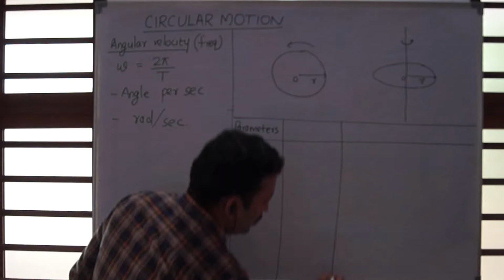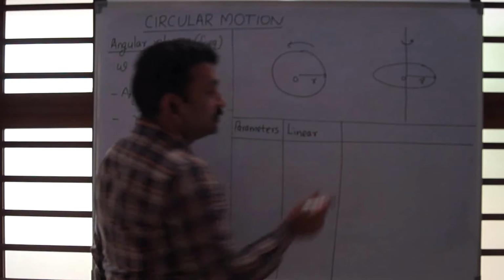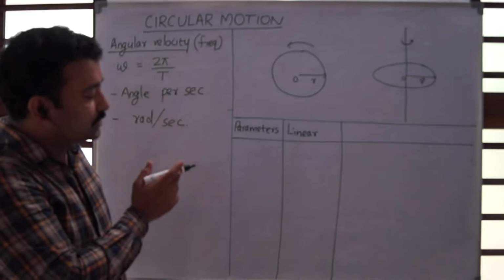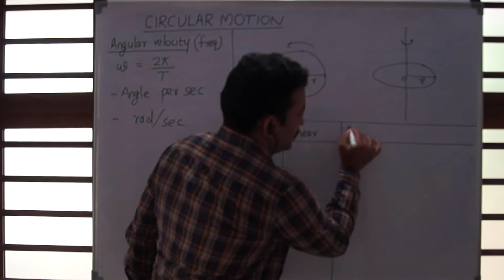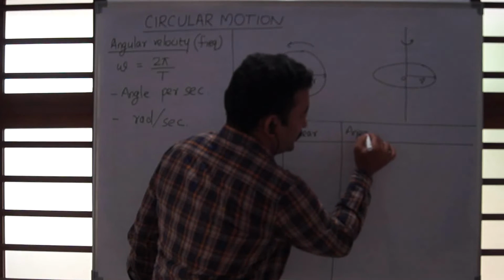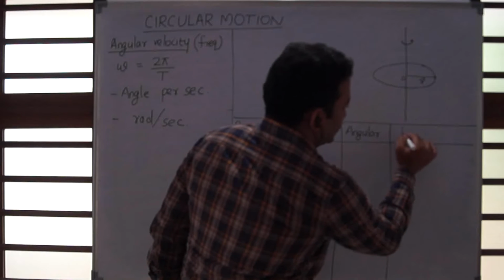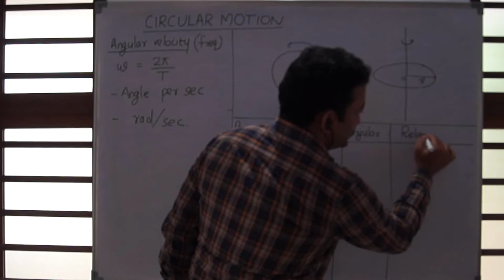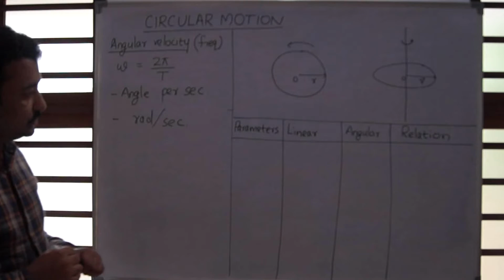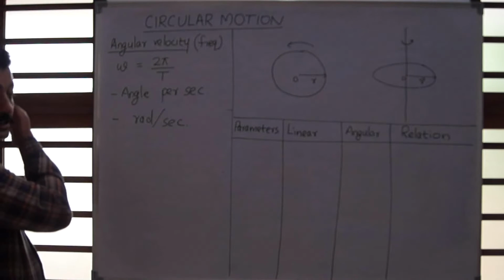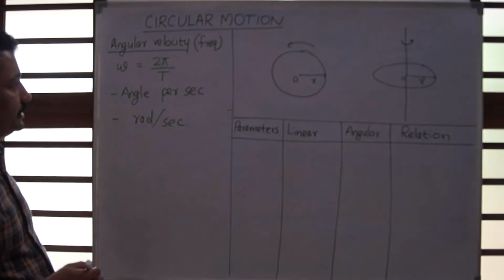I am leaving one column for linear parameters, so that we can observe the linear parameter in one column and angular parameter in the other column, and let us see whether there is any relationship between linear motion and angular motion. So we got angular velocity, that is called the angular frequency.